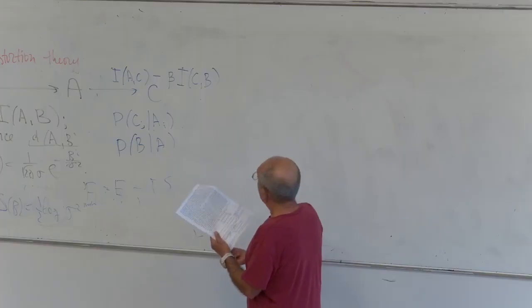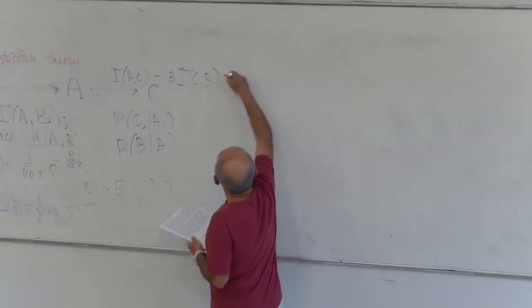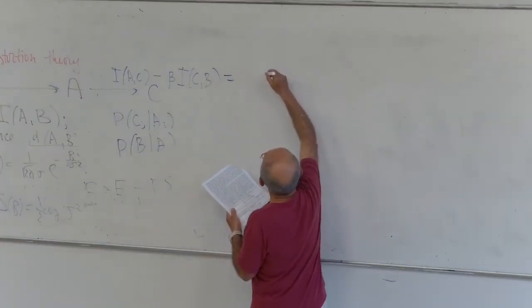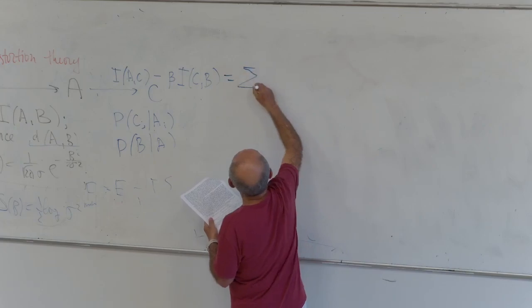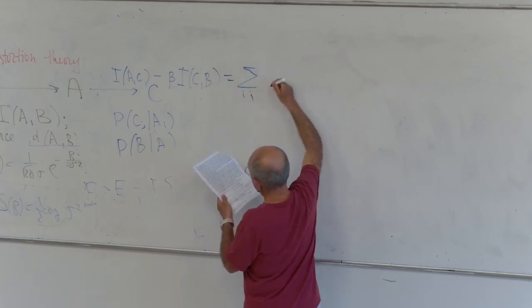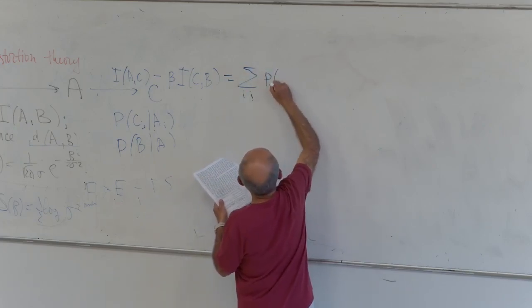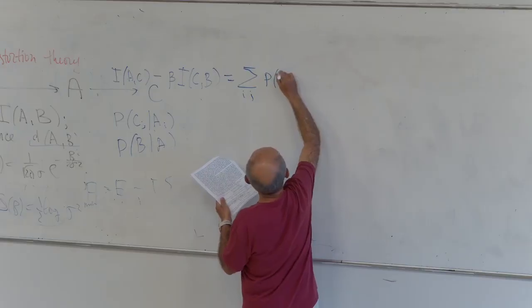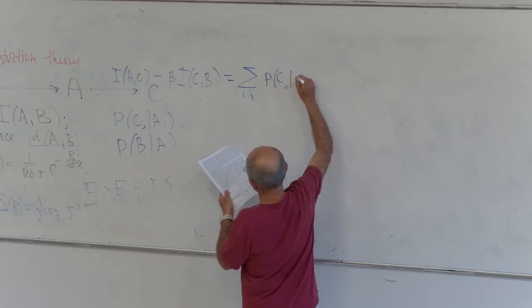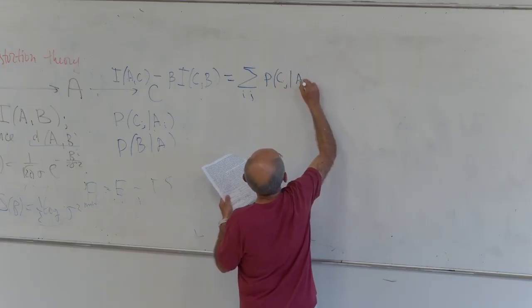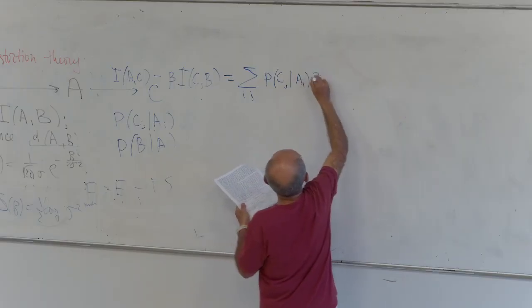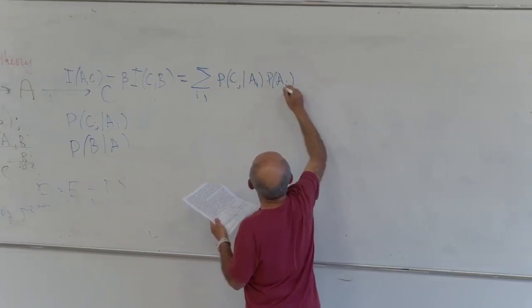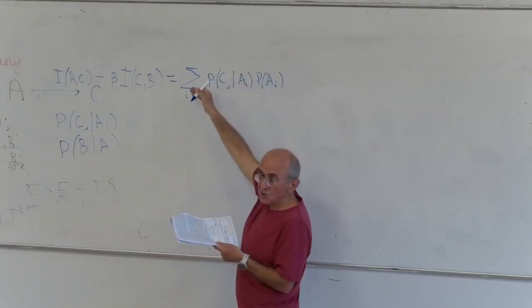So, what I now write down is, again, the sum over all i, j, and this would be, again, by the chain rule, a joint probability, namely C and A, which is P of A. Again, we all read the chain rule from the right.